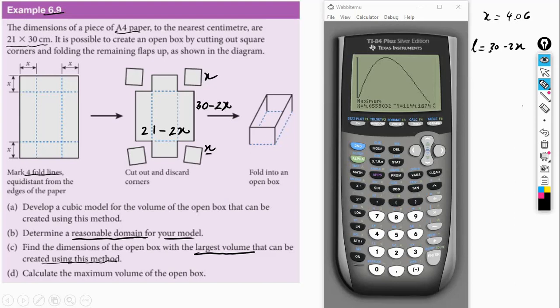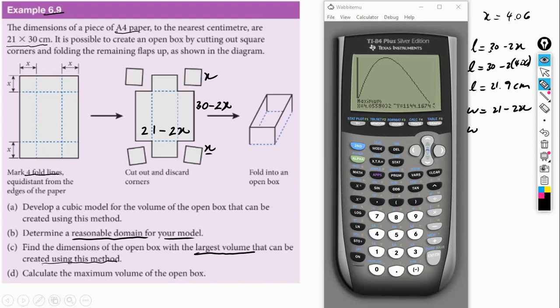So that means that the maximum length would be 30 minus 2 times 4.06, and this is going to give us that the length is equal to 21.9 centimeters.